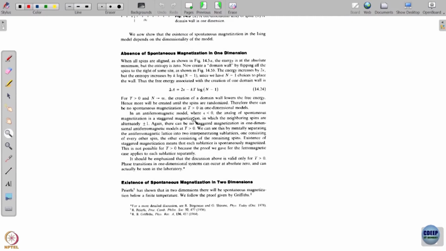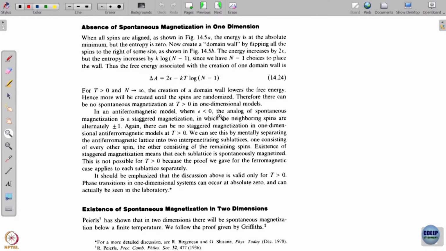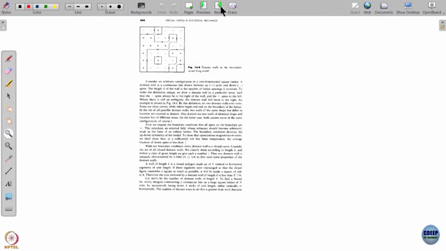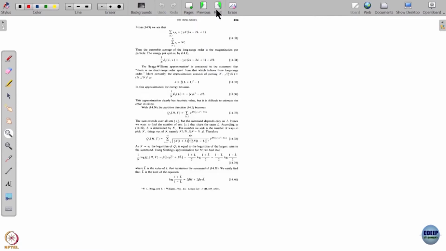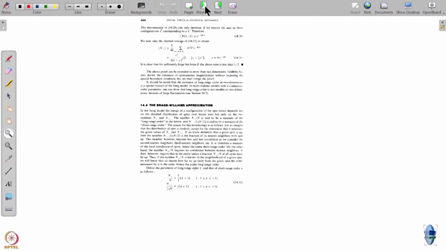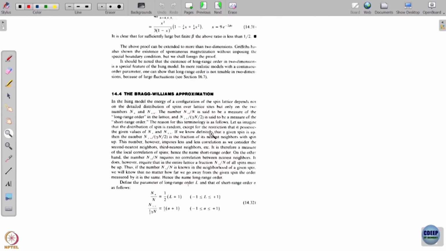So, now we go ahead and complete our task of the mean field theory. This order-disorder transition I have done, so I do not need to do that, but instead I will continue with what I was doing.